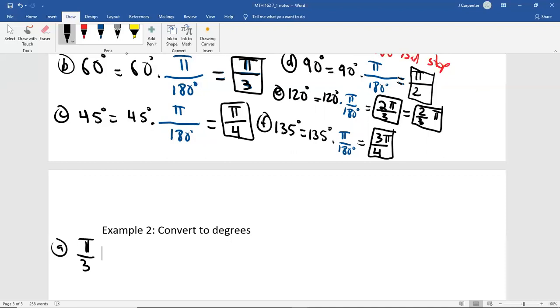Show your work, though. Let's prove it, because it's going to be important to be able to do this later, after we've learned 50 million other things. So we take the pi over 3. Now, because I don't see a degree symbol anywhere, I know it's in radians. Also, because I see a pi, I'm pretty sure it's in radians. Times a fraction.